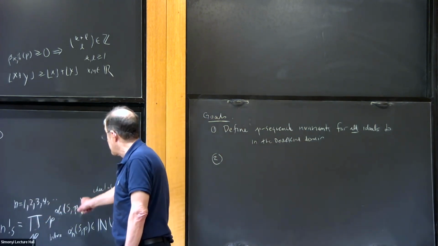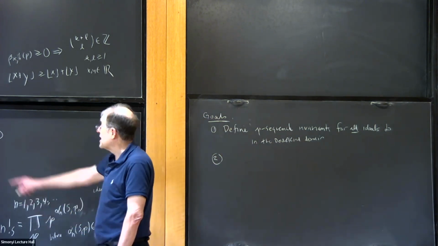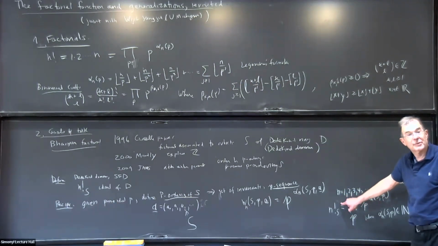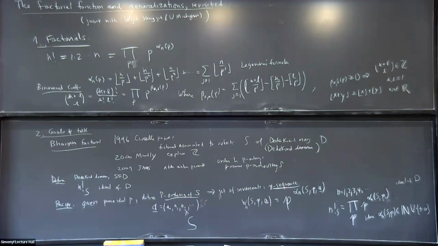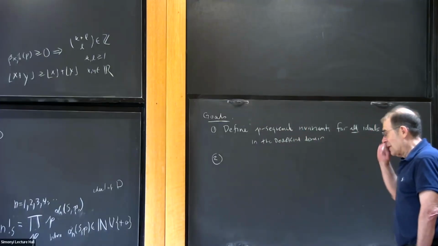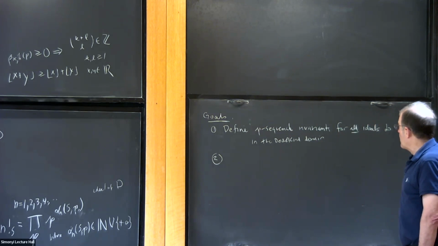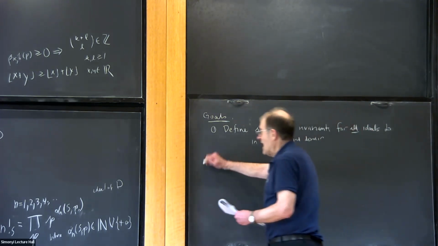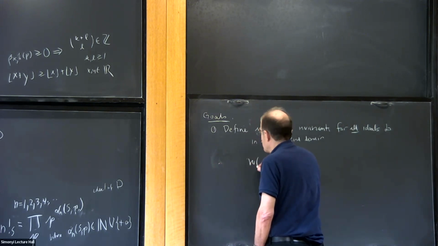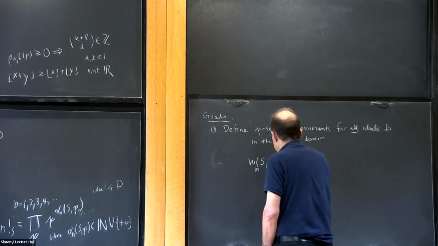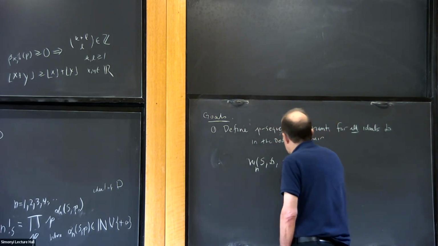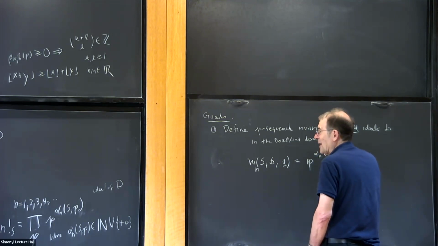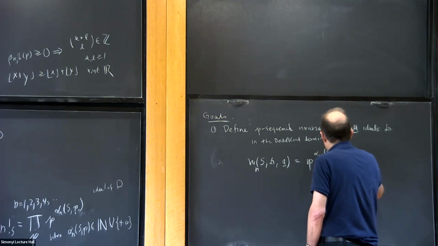So these things are constructed using these P orderings, and he has these modified P orderings, and then you get a modified factorial that adds the extra parameters corresponding to the modified P orderings. So I want to define a P sequence invariant, and that will give you W sub n of S.